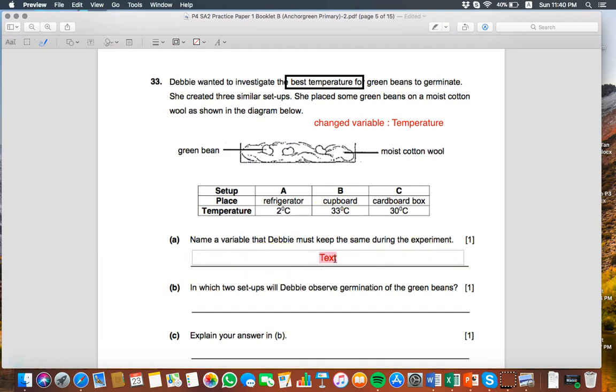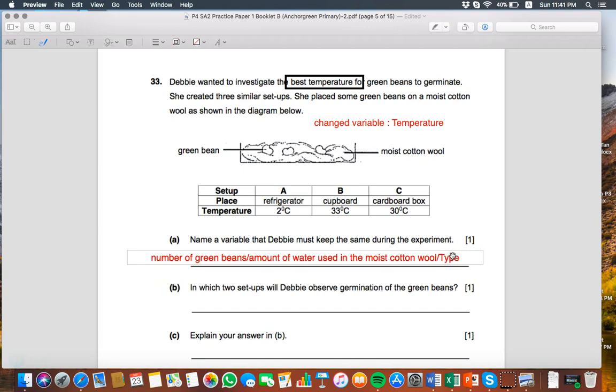Okay. The number of green beans. Okay. Amount of water used in the moist cotton wool. What else?